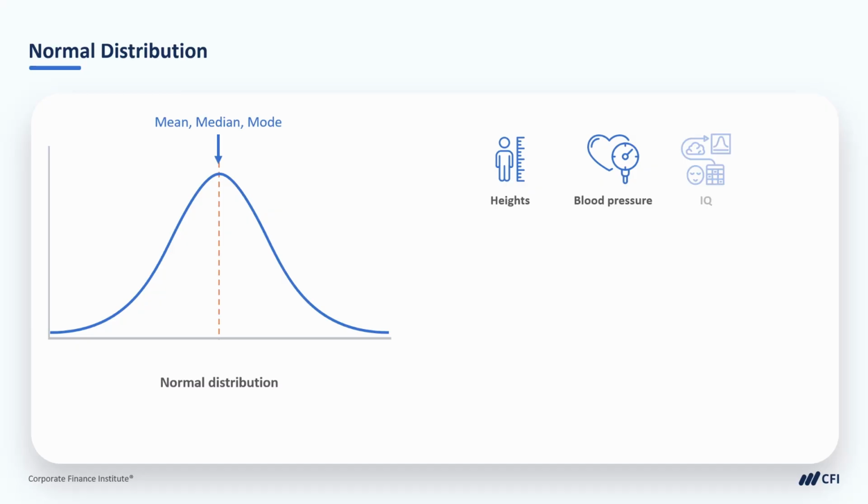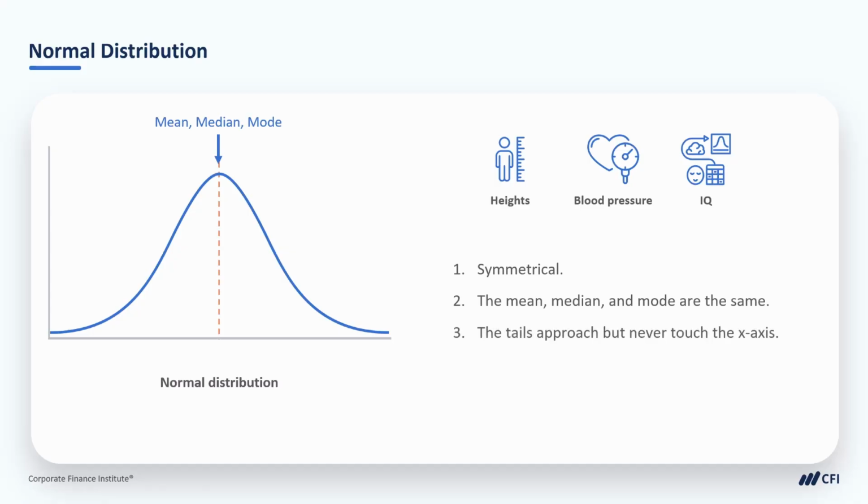Something about the normal distribution is quite specific, not just the shape. The key features are that it is symmetrical around the mean. The mean, median, and mode are all the same in a normal distribution. And our distribution also has tails on both sides, which approach, but never actually touch, the x-axis.